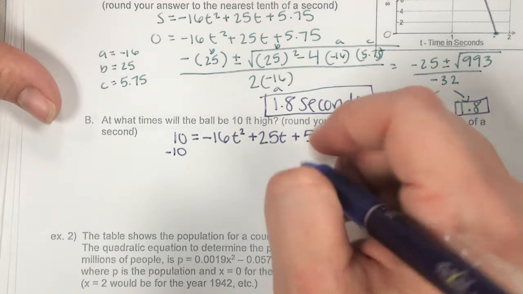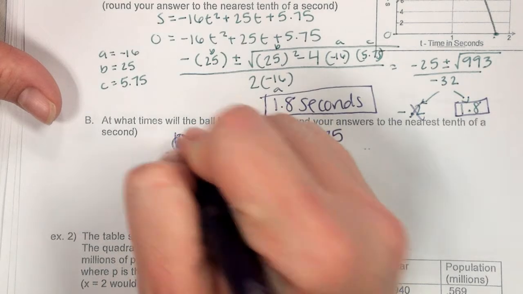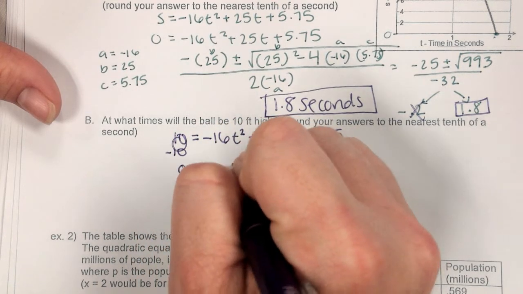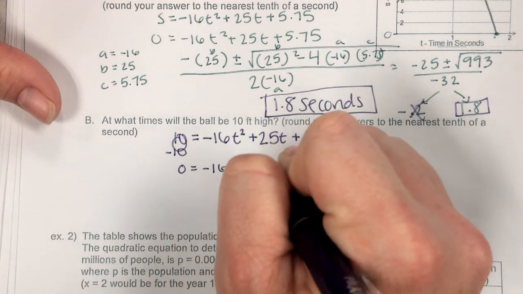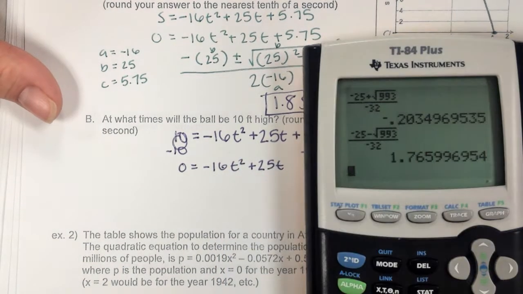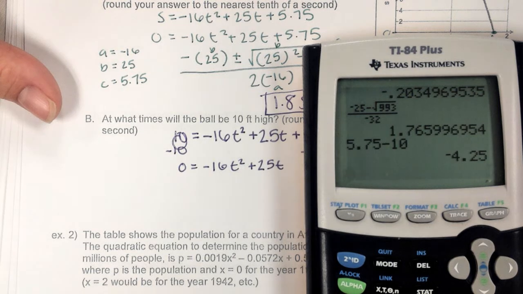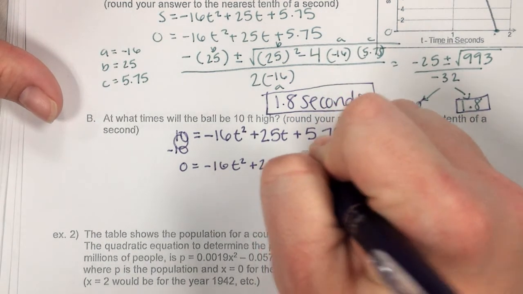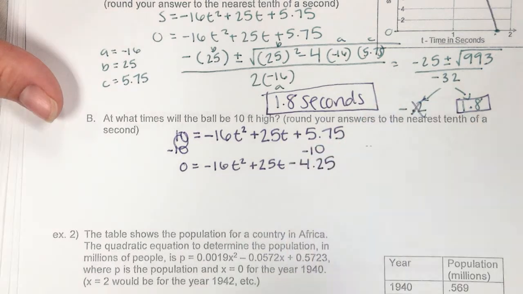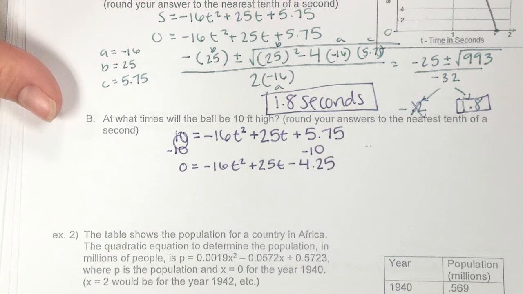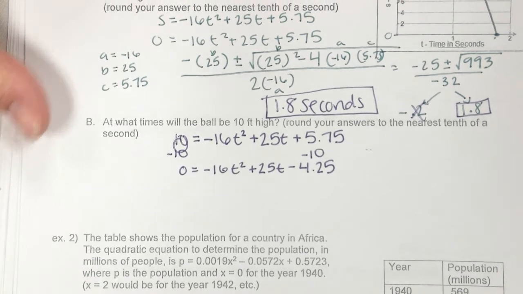The C, the 5.75, so minus 10. And then 5.75 minus 10 is negative 4.25. So now guess what? You do the exact same thing.